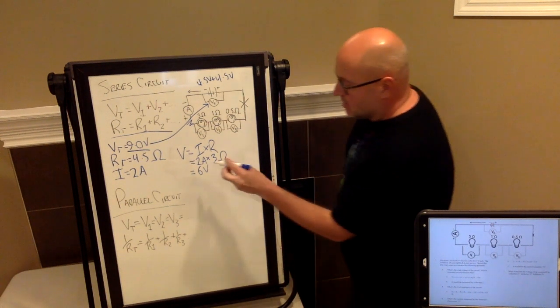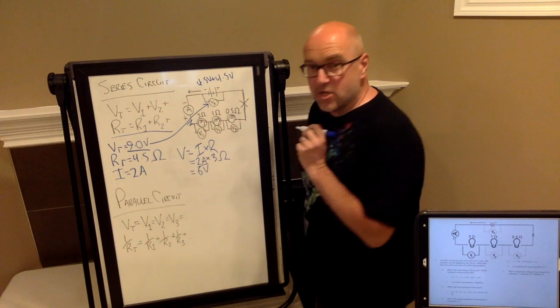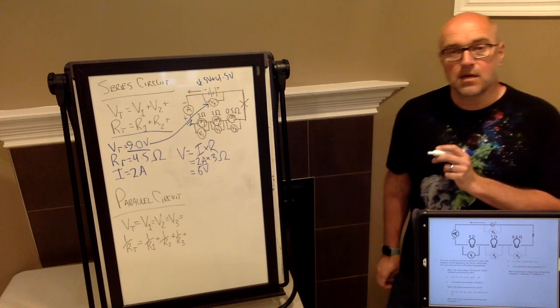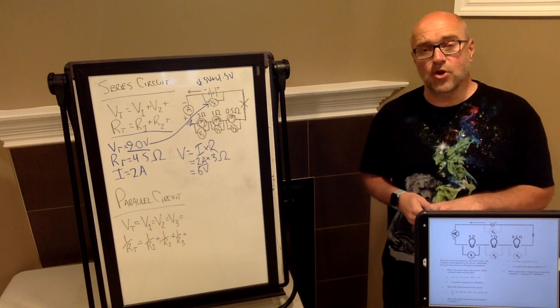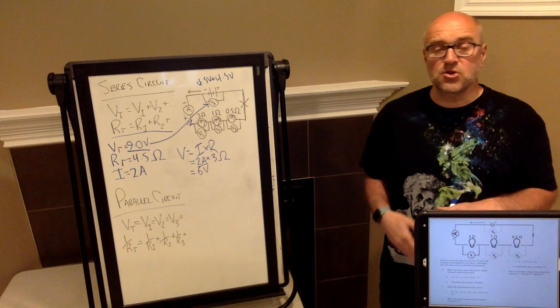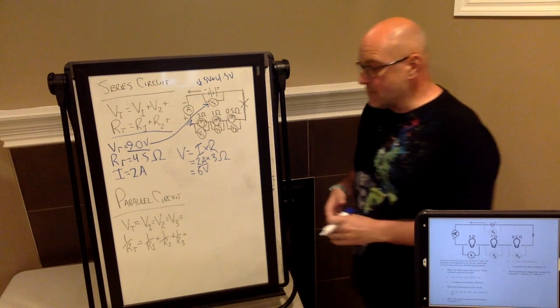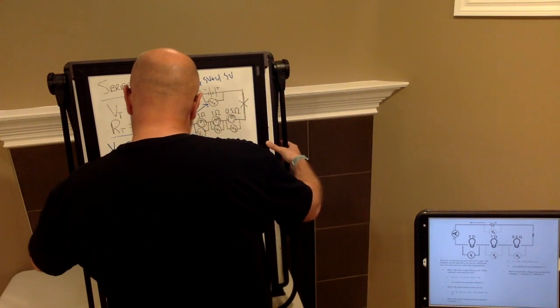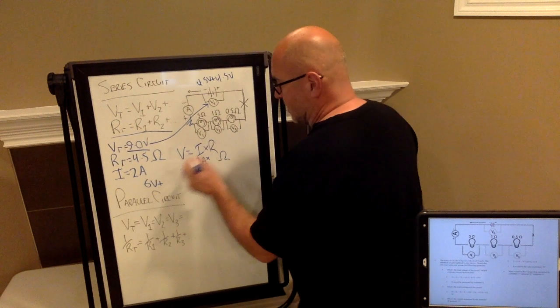The current, which I've already determined, times the resistance of the load resistor of that device. Now I can do that for all 3 of my resistors. So I got 6 volts. I'm just going to put 6 volts down first because that's my first one. That's going to be voltmeter 1.